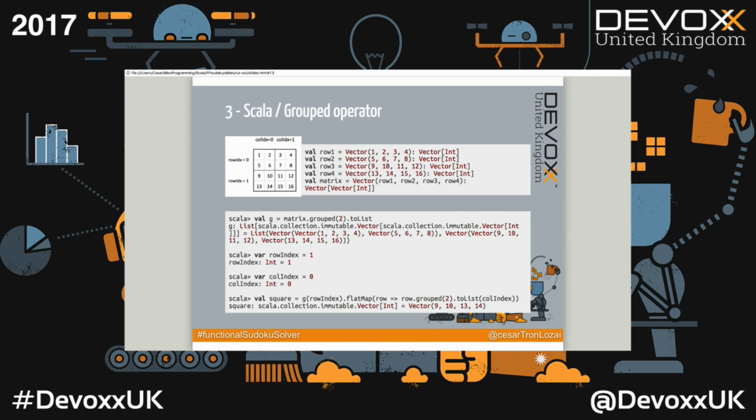I'm using flat maps. I'm going to take each row, so this one and this one. I take the row, group it, and then select the bit I want. So in this case, I'm going to get 9, 10, 13, 14. Because it's a flat map, everything gets flattened, and I'm getting one vector, 9, 10, 13, 14. So it's just a nice way to get the squares.